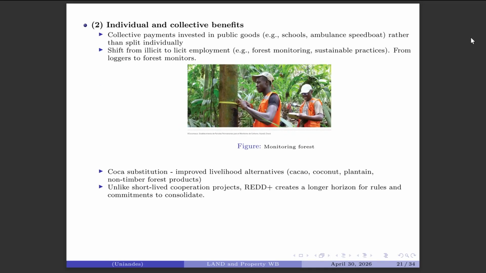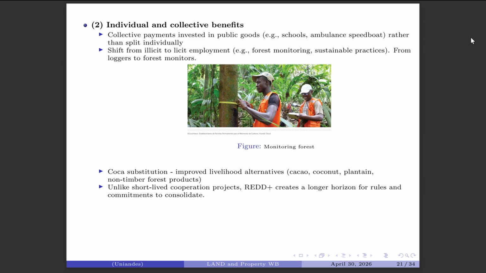The second category of mechanisms is individual and collective benefits. Collective payments were invested in public goods rather than split individually. So they invest these in schools and, for example, one ambulance speedboat.